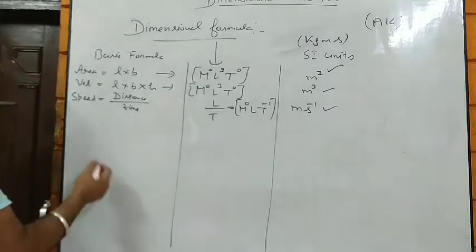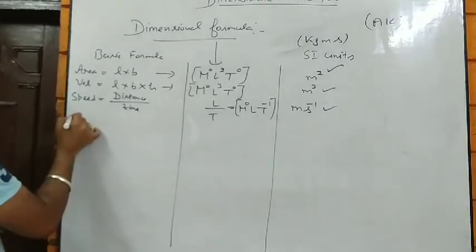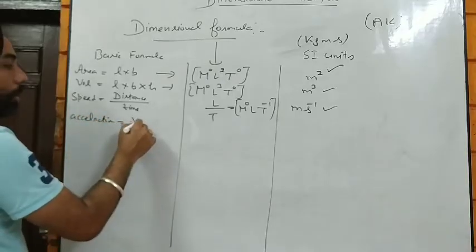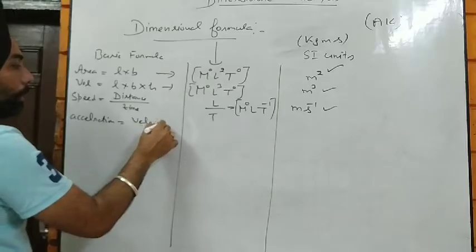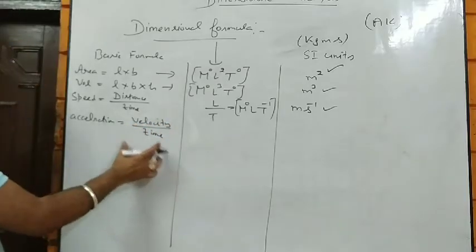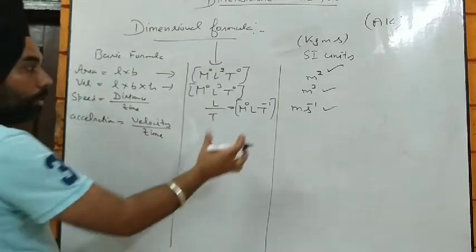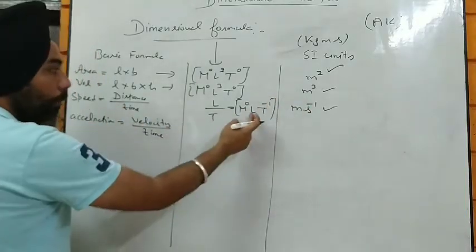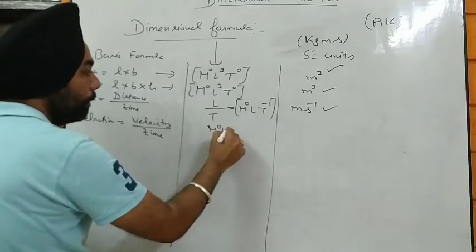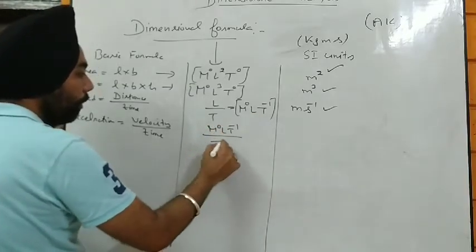Now we are moving ahead for, you can say, acceleration. Now what is acceleration? Acceleration is basically velocity upon time. Now what is velocity? Velocity and speed are having same dimensions and dimensional formula. Now we can put up the value of speed from here or velocity from here, M^0 L T^-1 over time.